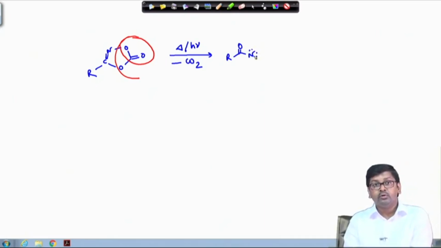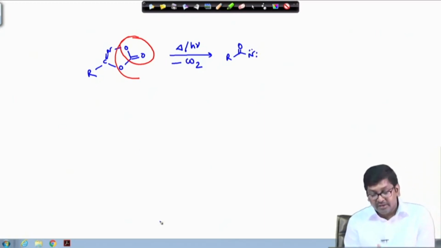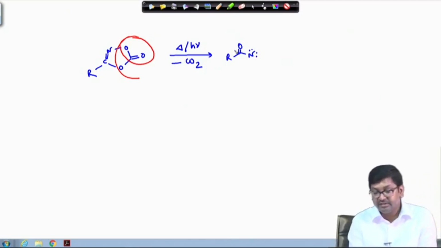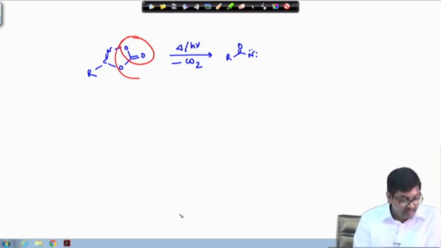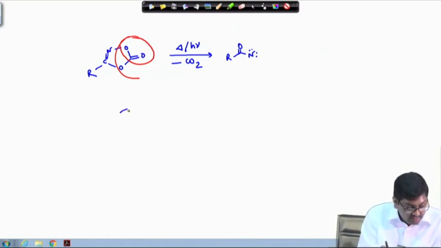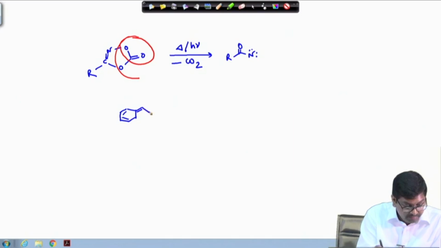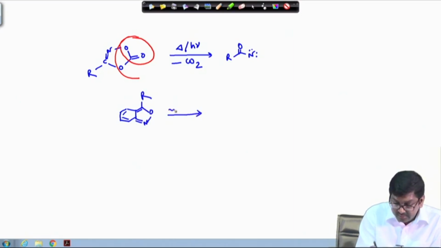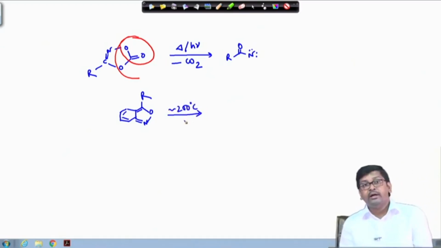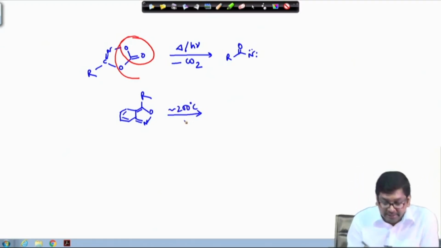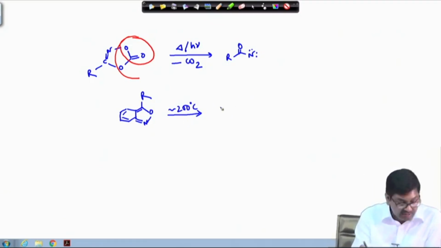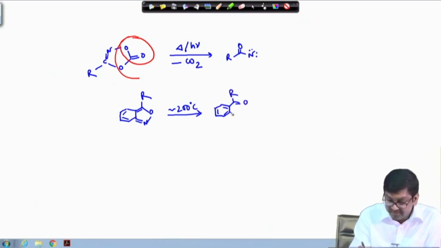Okay. So, this particular way we can liberate the carbon dioxide and then generate this acyl nitrene moiety. Another similar heterocycle, that is this anthranyl type of moiety, under high temperature or under transition metal salts, can give the corresponding nitrene moiety, and this could be used for arylamination of various substrates.